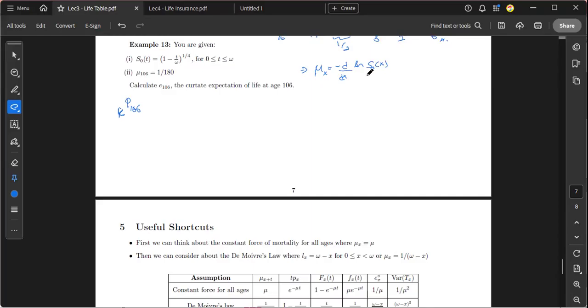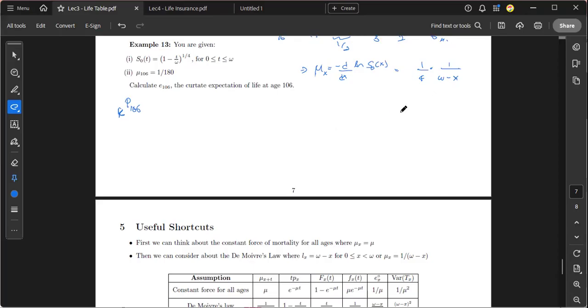Because in the previous example, or actually in example 11, we integrated mu and then put it in the exponential function to get the survival probability. Now here we do it the other way, and once you differentiate it with respect to s, we get 1 over 4 times 1 over omega minus x.